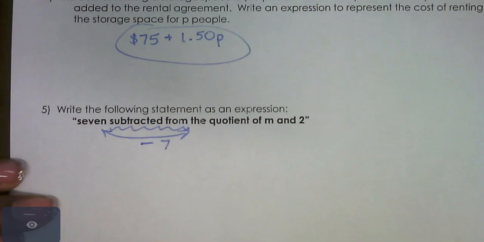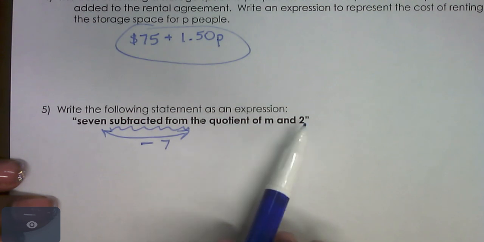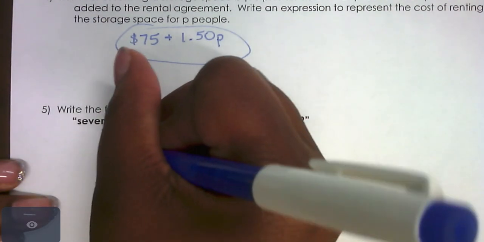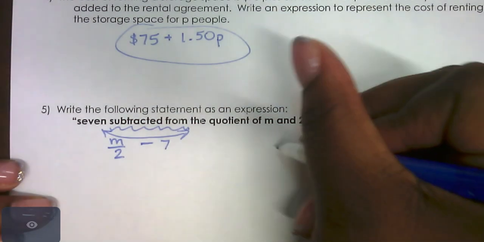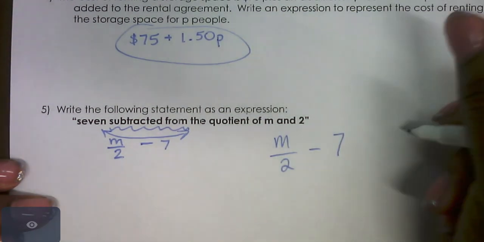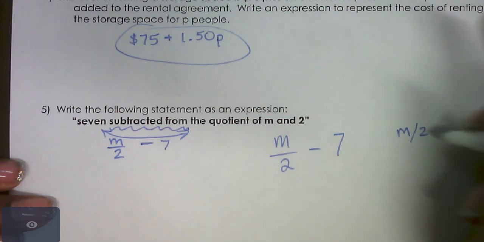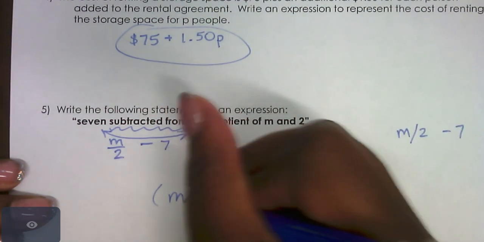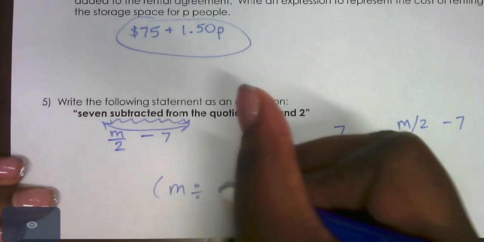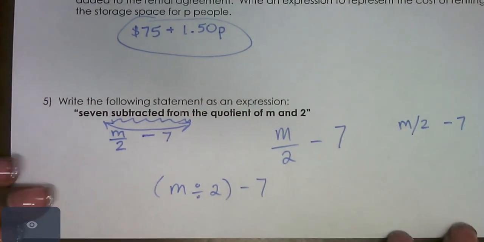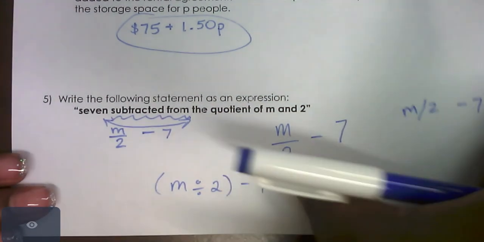So, subtracting 7. And it says the quotient of m and 2. So, the quotient of m and 2 is m divided by 2. So, my final answer will be m divided by 2 minus 7. Or you might see it as m/2 minus 7. There are many ways you can write this, but this is how this works, okay?